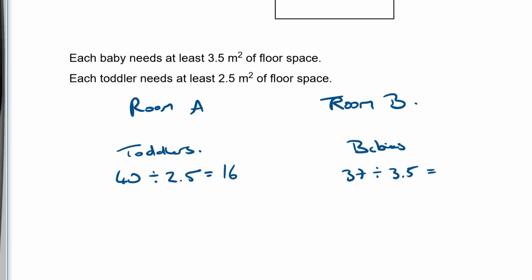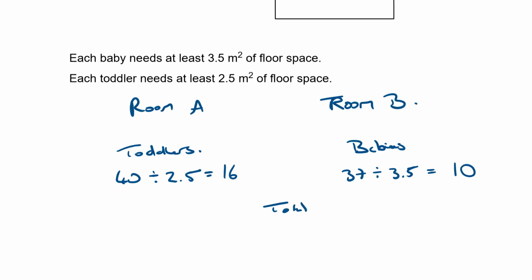Now 10.57 actually rounds up to 11, but that would be squeezing an extra baby into this room and not giving them an appropriate amount of space. So we're going to have to round this one down to 10, and not 11. So I've got 16 toddlers and 10 babies, give me a total of 16 plus 10, which is 26.